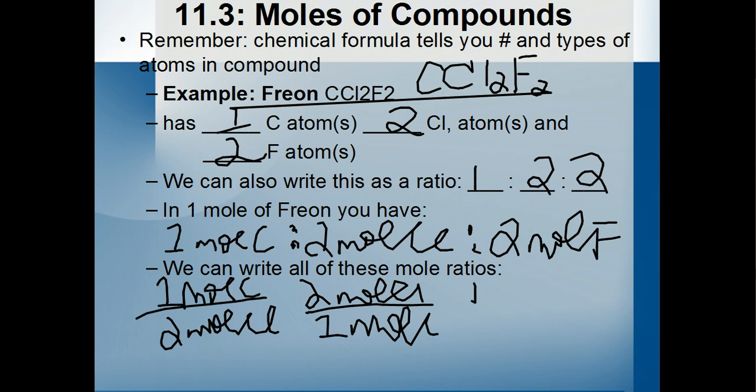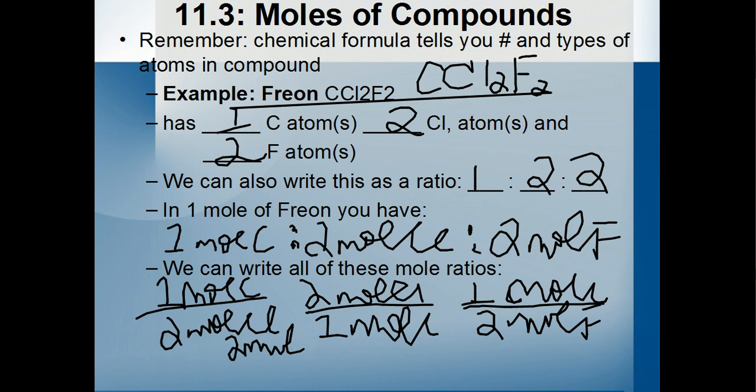We could say we have 1 mole of carbon to 2 moles of fluorine. We could reverse that and say 2 moles of fluorine to 1 mole of carbon. And we can flip that. So all these ratios can be written, and they can all be reversed, however they need to be used.